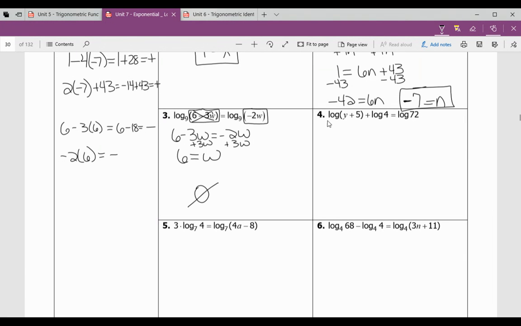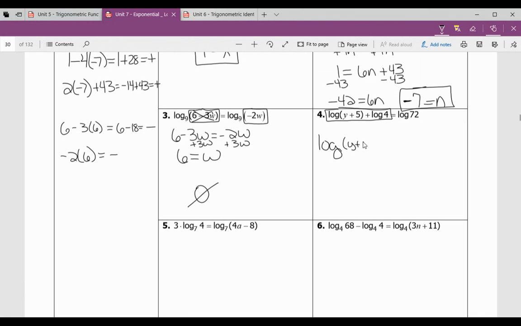Okay. So on the first one, I have a log plus a log equal to a log. So I'm going to have to use one of my properties to rewrite this as a single logarithm before I can set my numbers equal. So would I multiply or divide those 2 groups? I would multiply.